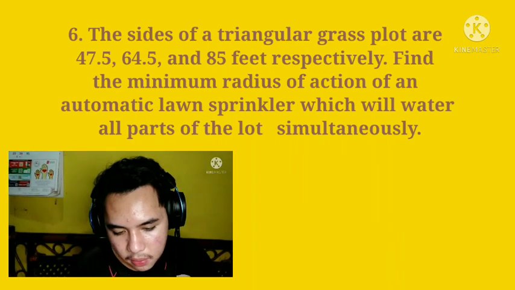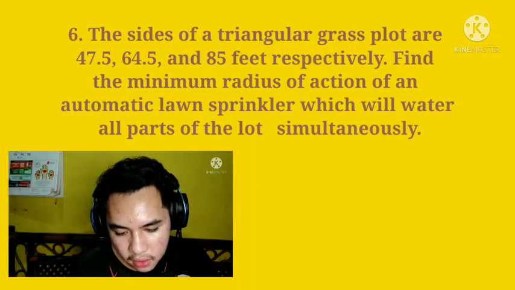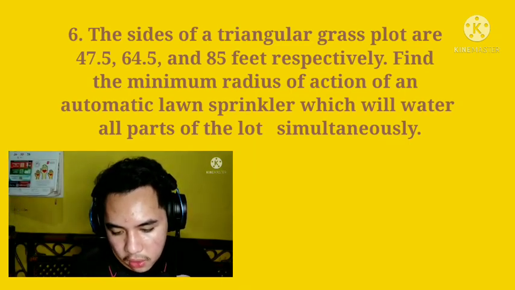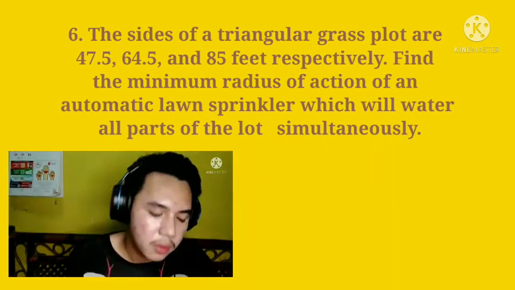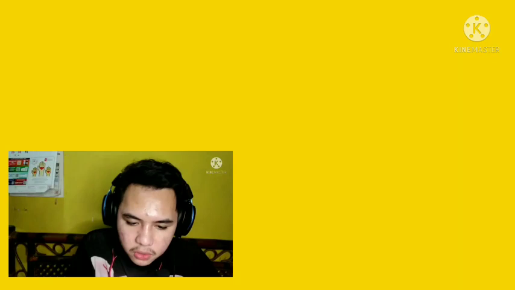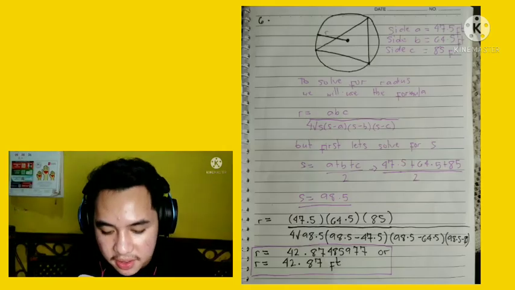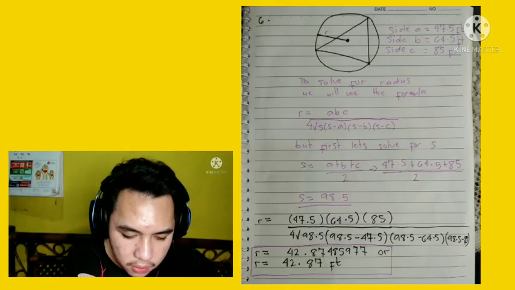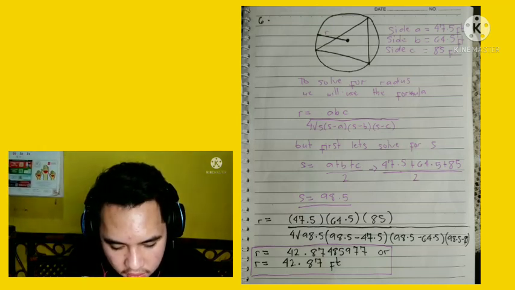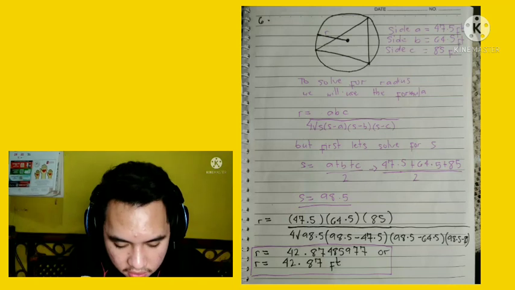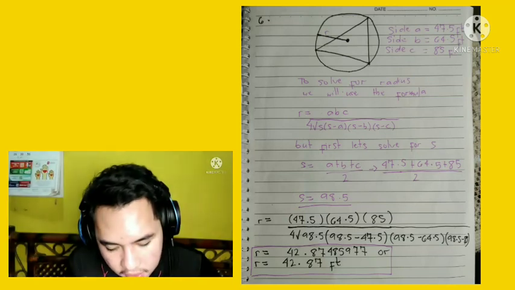Find the minimum radius of action of an automatic lawn sprinkler which will water all parts of the lot simultaneously. So we have here our side a, side b, and our side c. So this is our illustration. So this is our inscribed triangle. We have a triangle inside our circle because we are finding a radius.